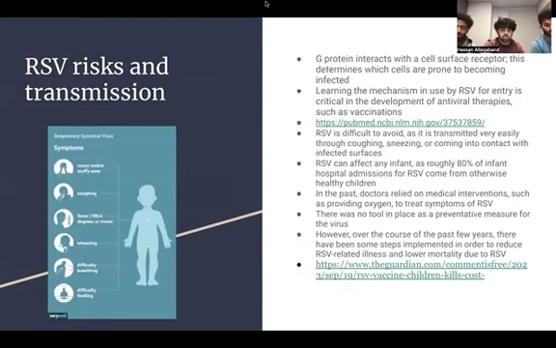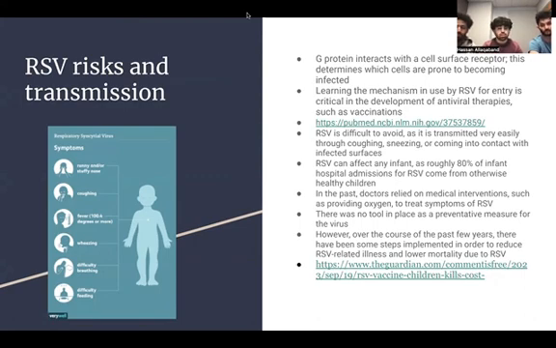So some risks of RSV, some mechanisms of RSV, and how RSV is transmitted. The main mechanism of RSV is that there's a G protein that interacts with the cell surface receptor, and this determines which cells are going to be infected by the virus.